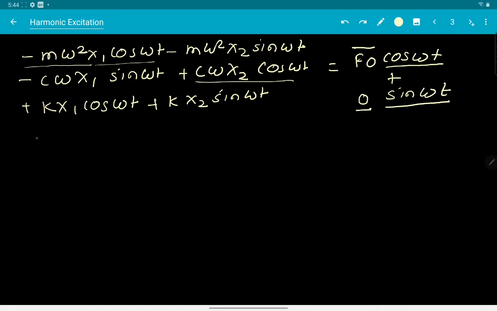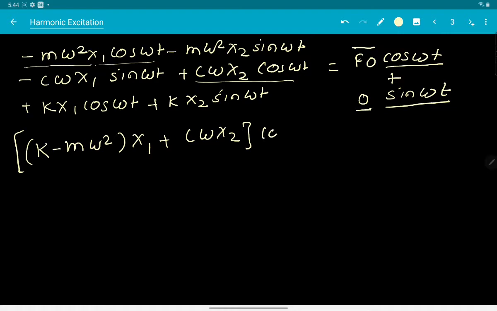k minus m omega square times x1 plus c omega x2, times cosine omega t. These are three terms: one is k x1 cosine omega t, the other is minus m omega square x1 cosine omega t, and the third is c omega x2 cosine omega t.